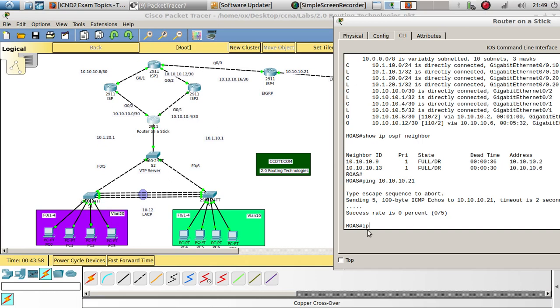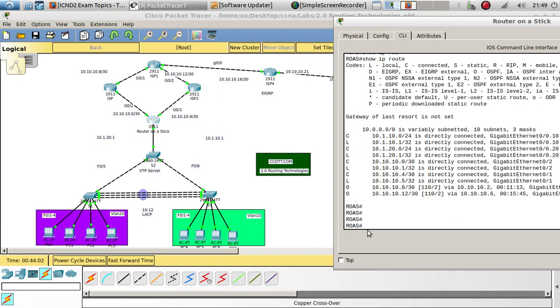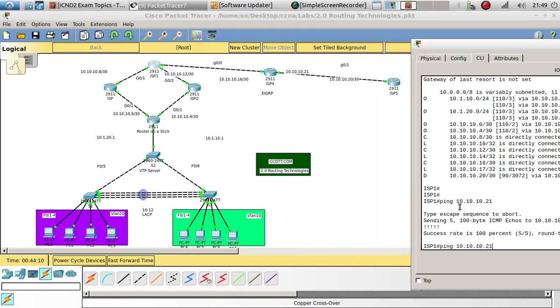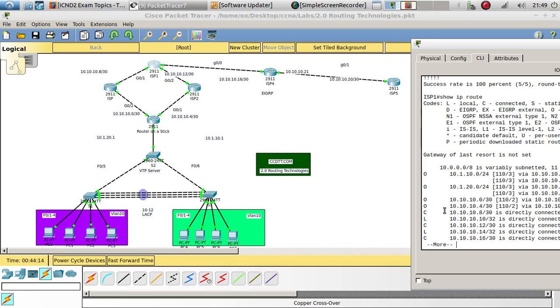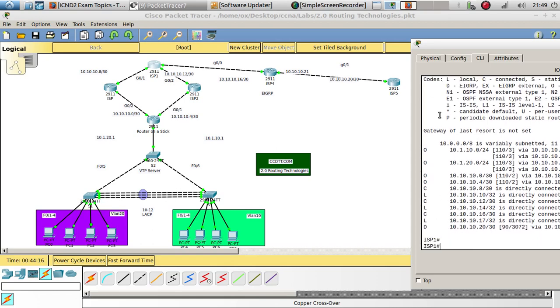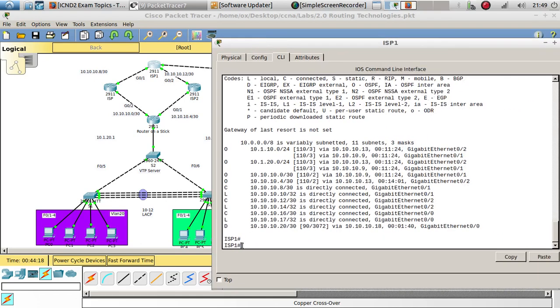And if you do a show ip route, we are not going to see a route to that EIGRP network because we are not running EIGRP on this one. But ISP1 is running EIGRP, therefore it is able to get to that network.